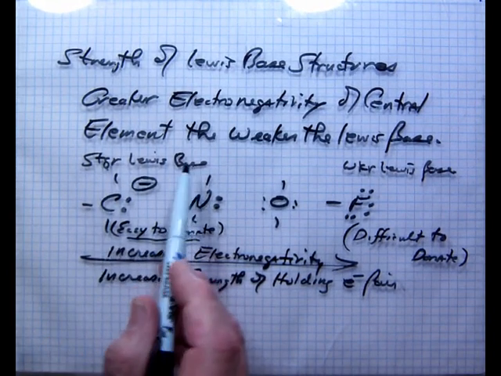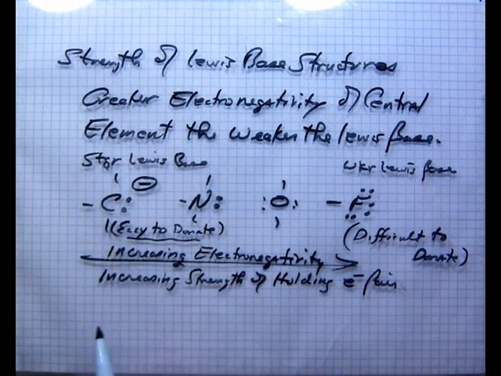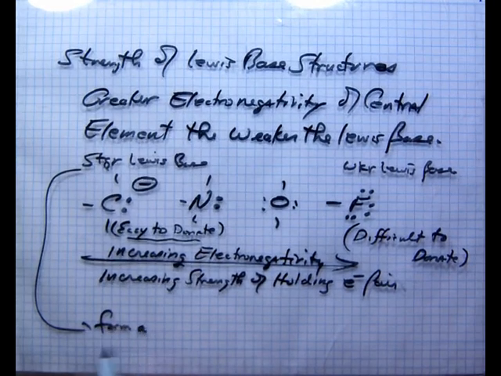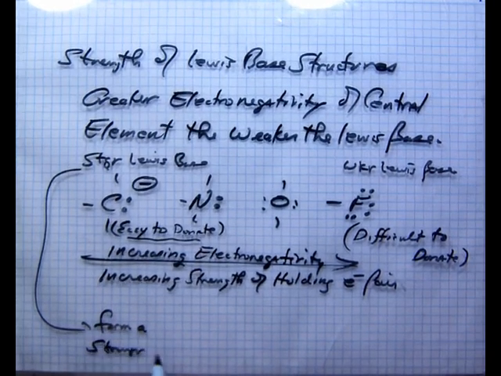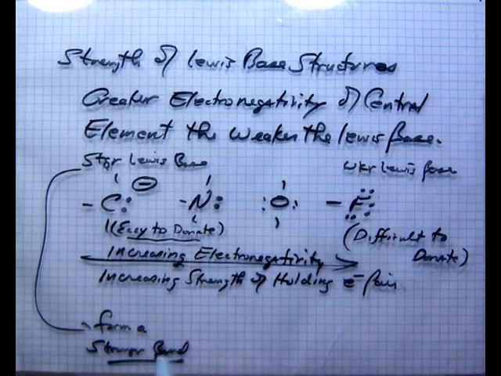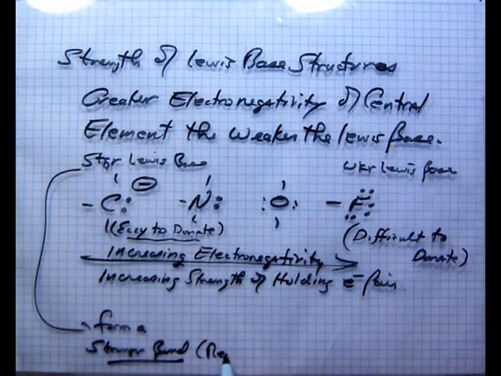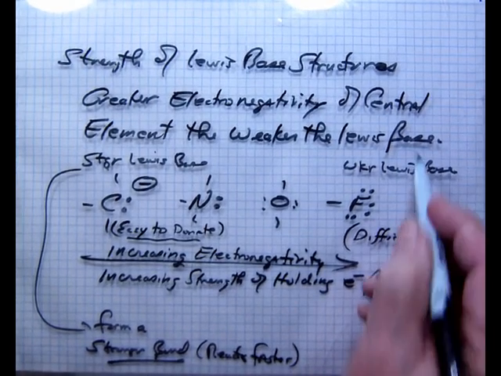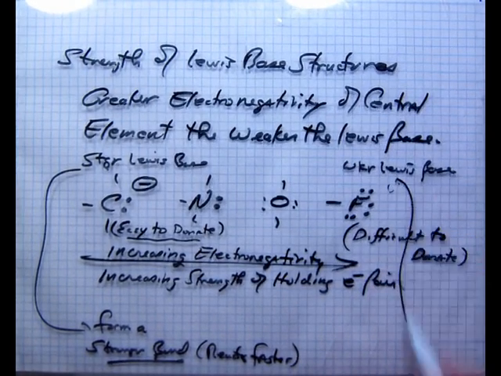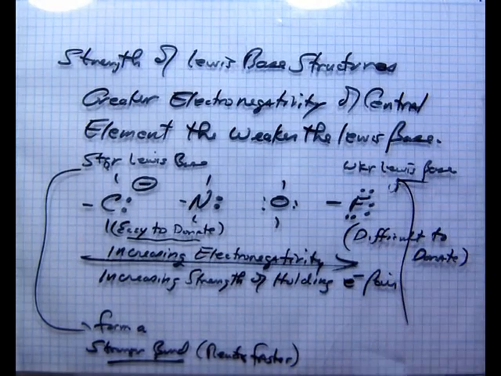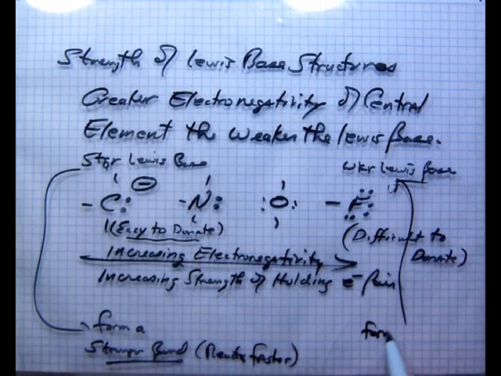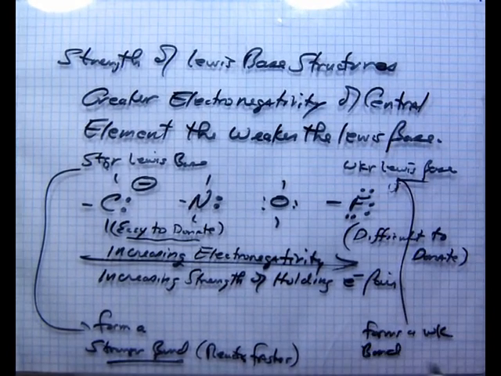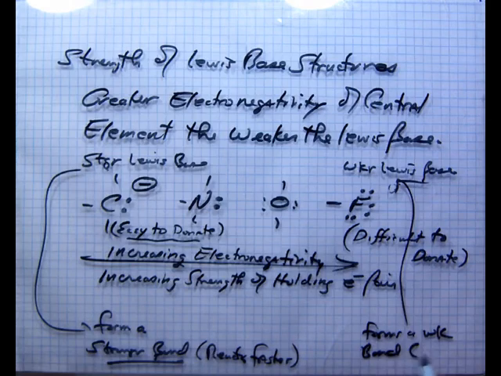A stronger Lewis base means this is easy to donate, so it's going to form a stronger bond, and that means it reacts faster. This one, in terms of weaker Lewis bases, forms a weak bond, will break easily and react slowly.